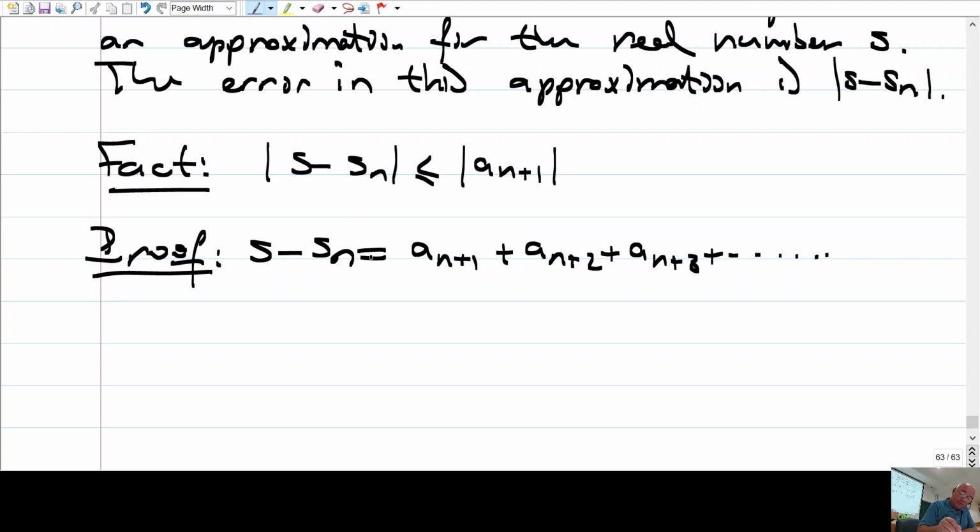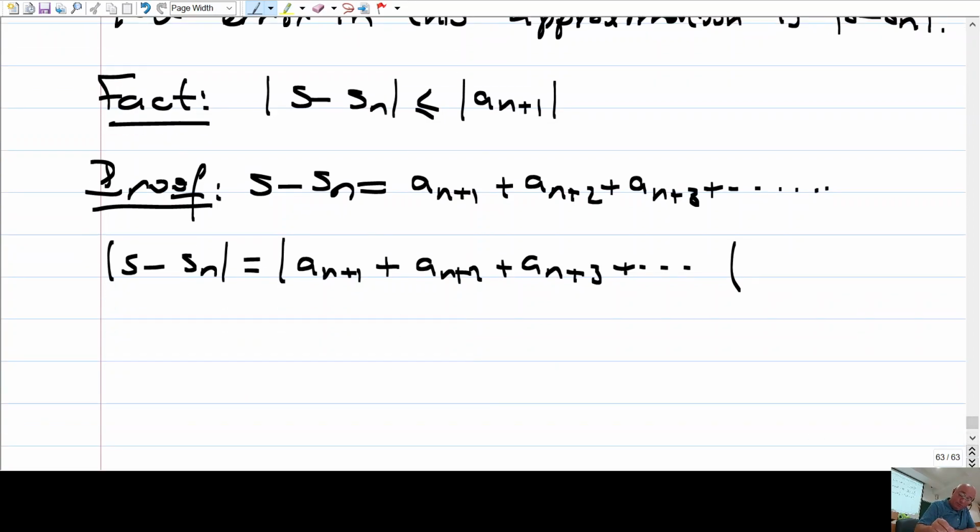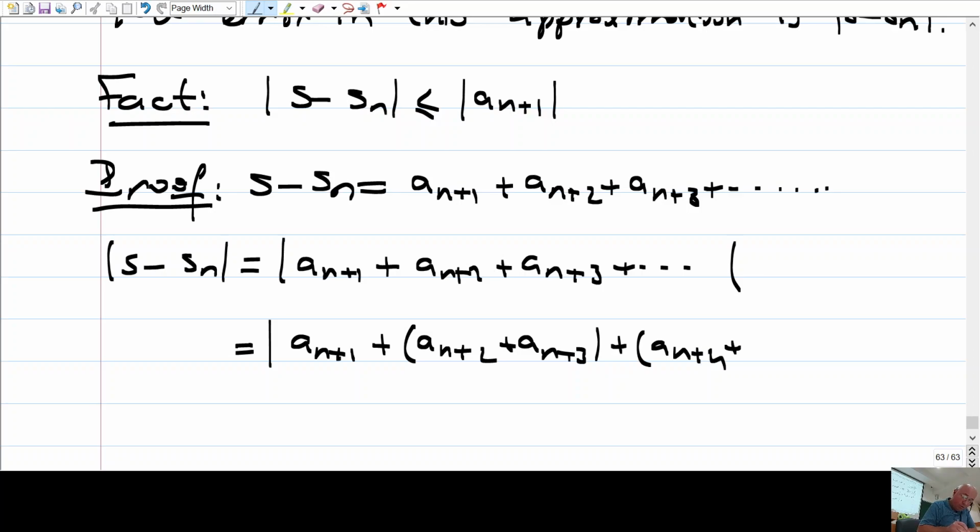I claim that S minus Sn is equal to an plus 1 plus an plus 2 plus an plus 3, an plus 4, an plus 5, and so on, in absolute value.